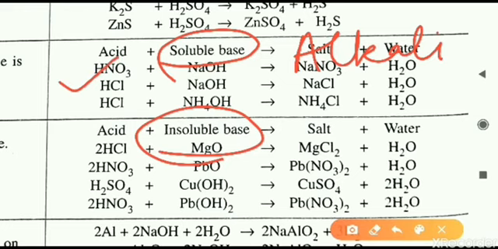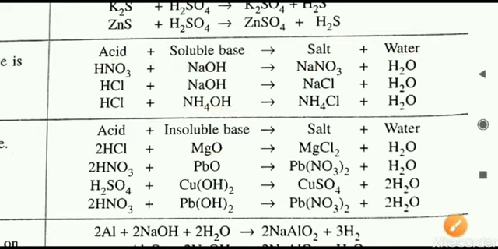If we are not using a soluble base, then it is called neutralization only. But in both cases the reaction happens in a similar manner: acid and base give salt and water. In both equations the same products form, salt and water.